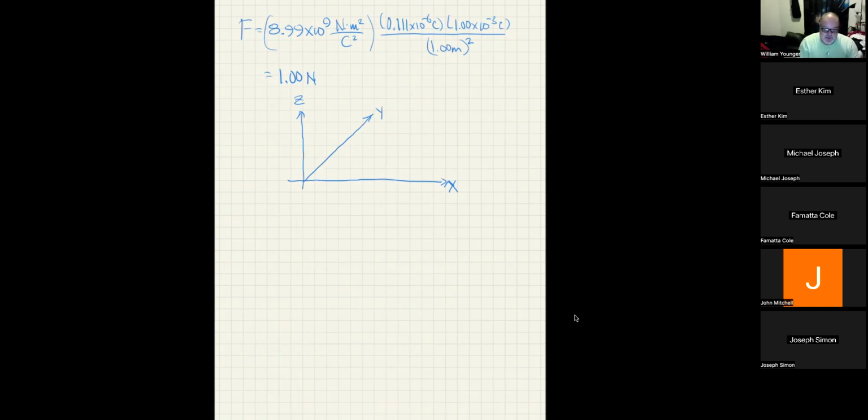Okay. So what I'm going to do is now represent one of these charges with a little red dot. I'm going to say the charge is right here, and this charge is going to be just Q, and it's going to be equal to 1.00 times 10 to the negative 3 coulombs.